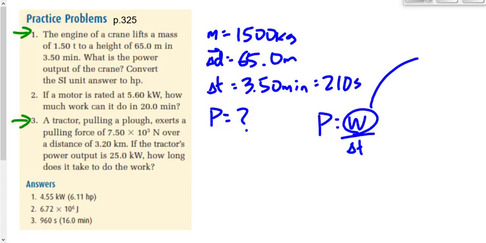If we're lifting this mass up to a specific height vertically, then we could say work is equal to F times D. And the force that I apply is M times G, so 1,500 times 9.81 times the displacement of 65 meters.